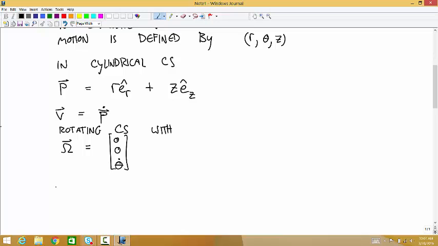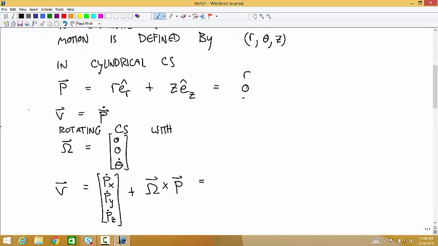Okay, and the velocity vector in a rotating coordinate system is equal to the time derivatives of the components plus omega crossed with the position vector. This position vector we can think of as R, 0, Z. That's just another way of writing R, ER, 0, E theta, and Z, EZ.